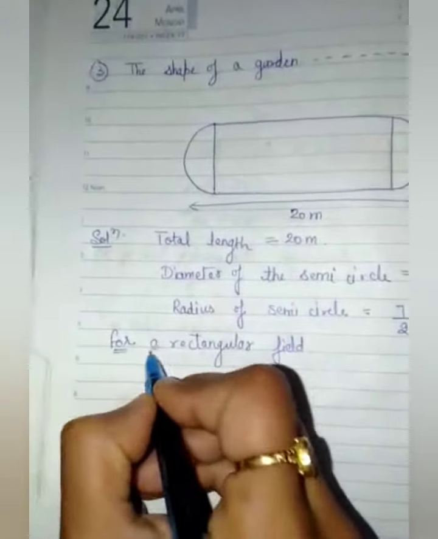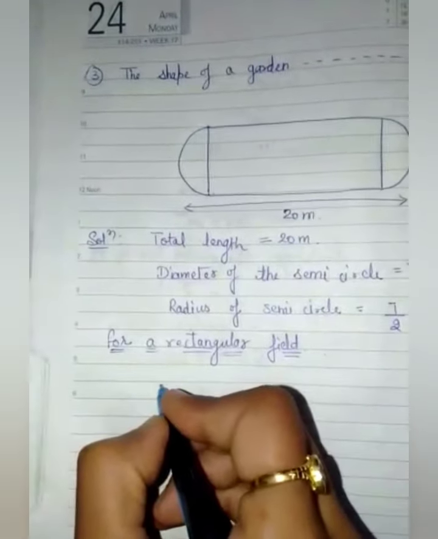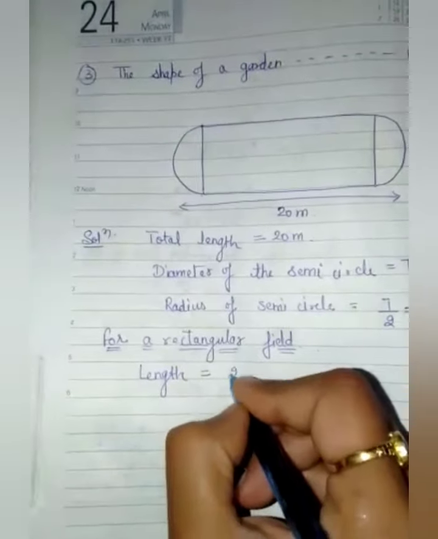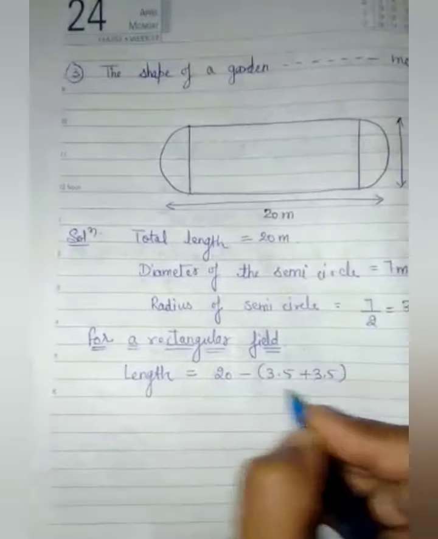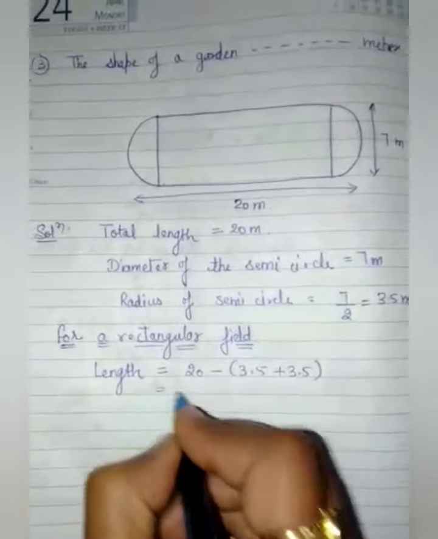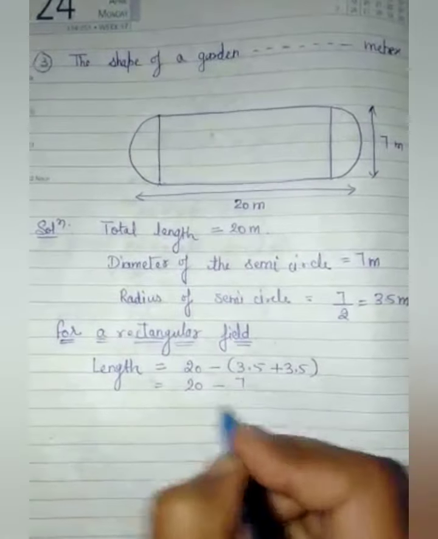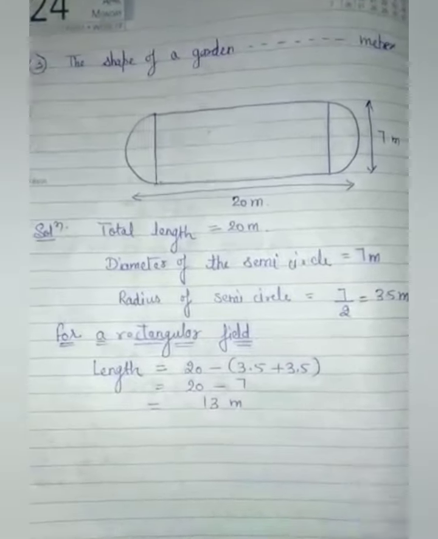So for a rectangular field, length is 20 minus 3.5 plus 3.5, already given in the question. 20 minus 3.5 plus 3.5 is 7. So 20 minus 7 is 13 meter.